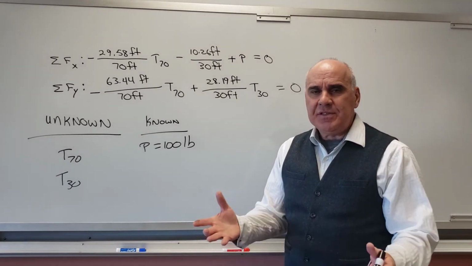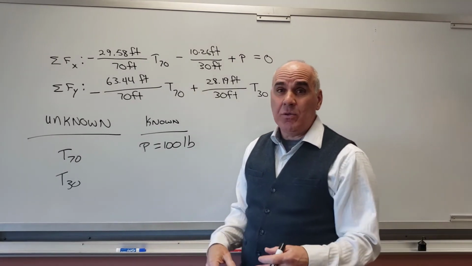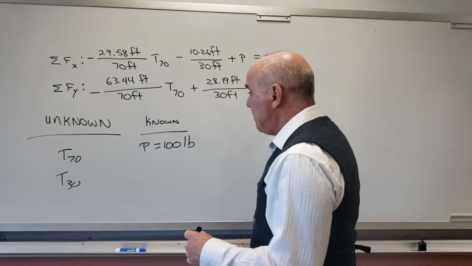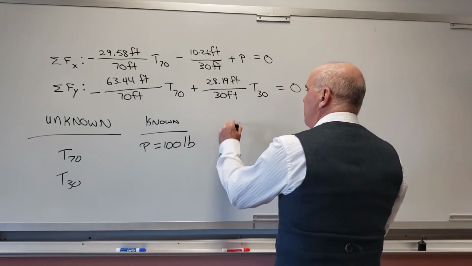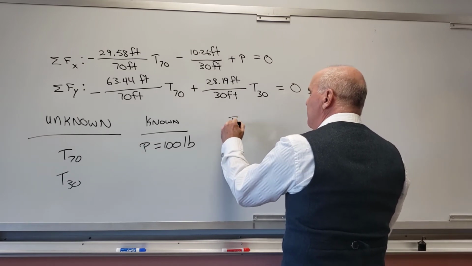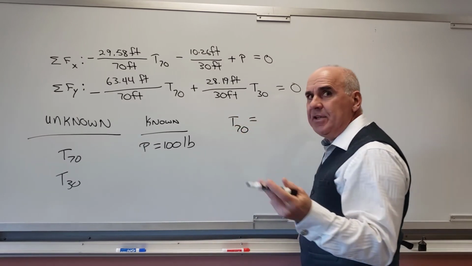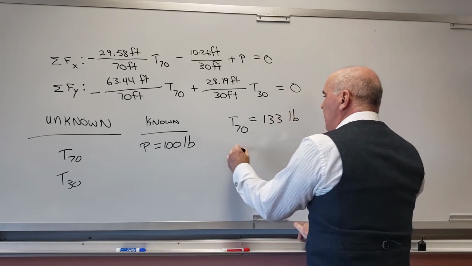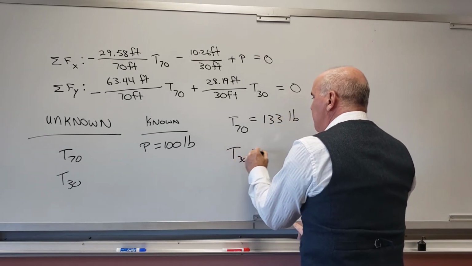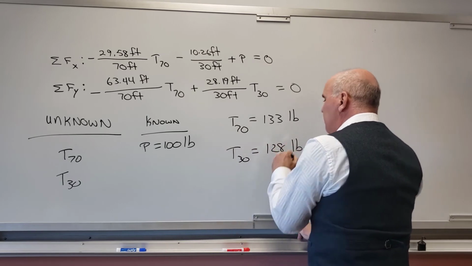I just use several decimal places and let my calculator hold all of that information. You could also do it on MATLAB or Excel, something like that. If I solve this out, 2 equations, 2 unknowns, I get T70 is 133 pounds, and T30 is 128 pounds.